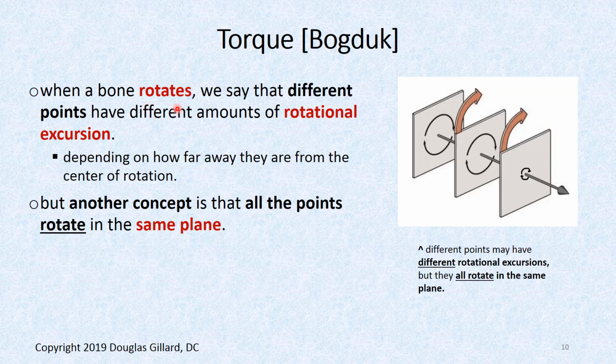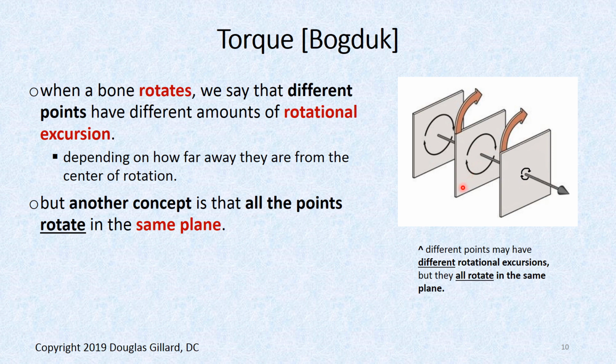When a bone rotates, so here's a bone, let's say this is your humerus. Let's twist the humerus. When a bone rotates, we say that different points have different rotational excursions. So these arcs have different excursions based on where the point is. If there's a point here, the arc or the excursion of that point is not going to be very great.